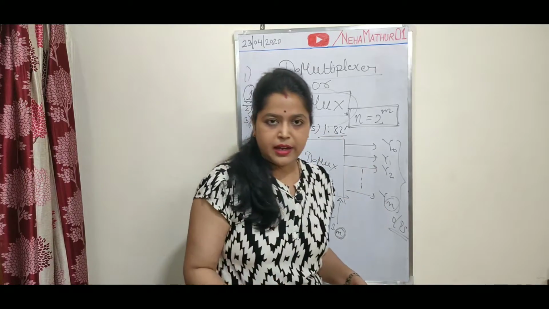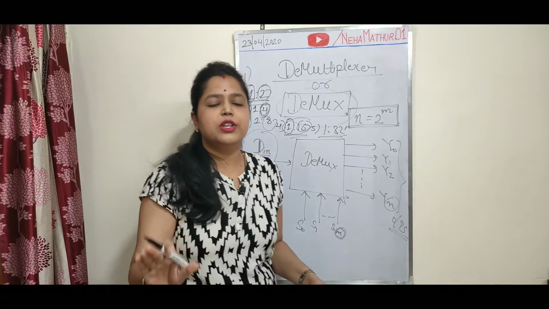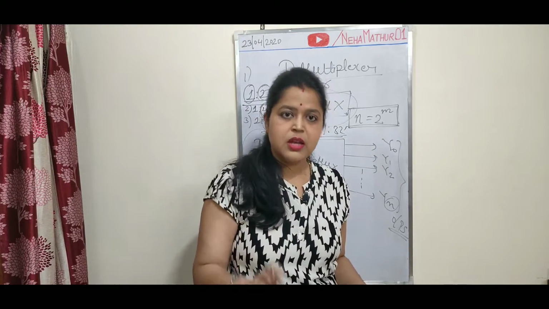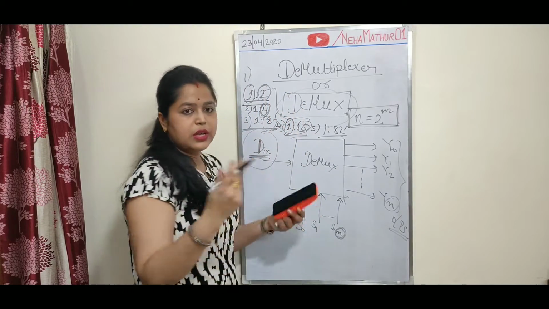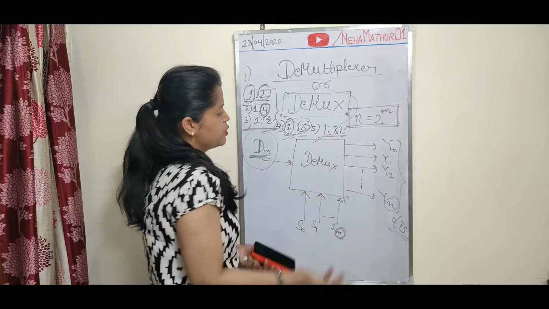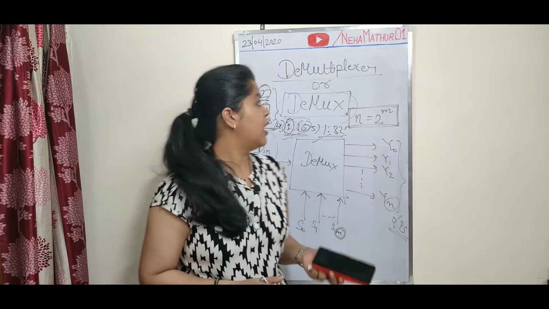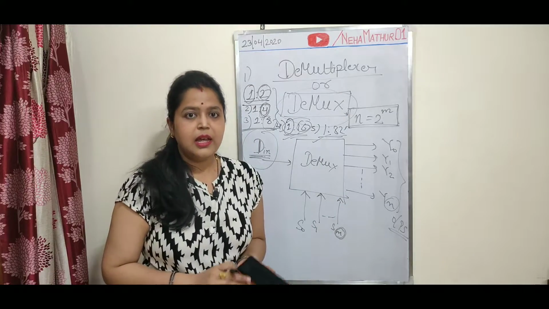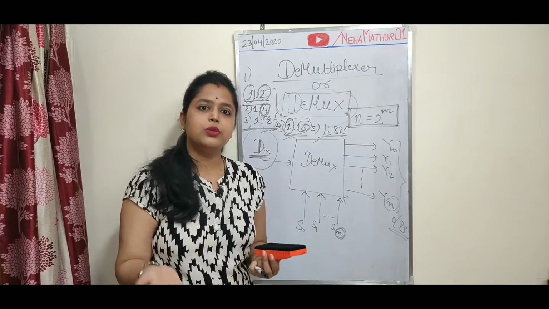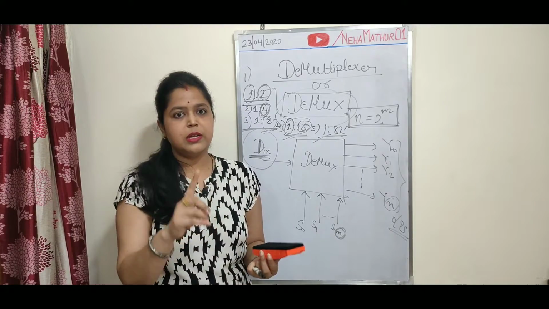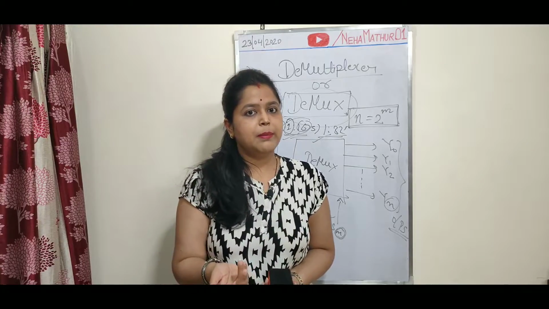So we will design 1:2, 1:4, and 1:8 demultiplexers, because once you are clear with these basic demultiplexers, then you can easily design 1:16 and 1:32 and many more. So now we'll start with 1:2 demultiplexer, and in order to design any demultiplexer, I am again telling you that we will repeat 4 steps. Step 1, in which I will tell you about the basic block diagram of a specific demultiplexer.